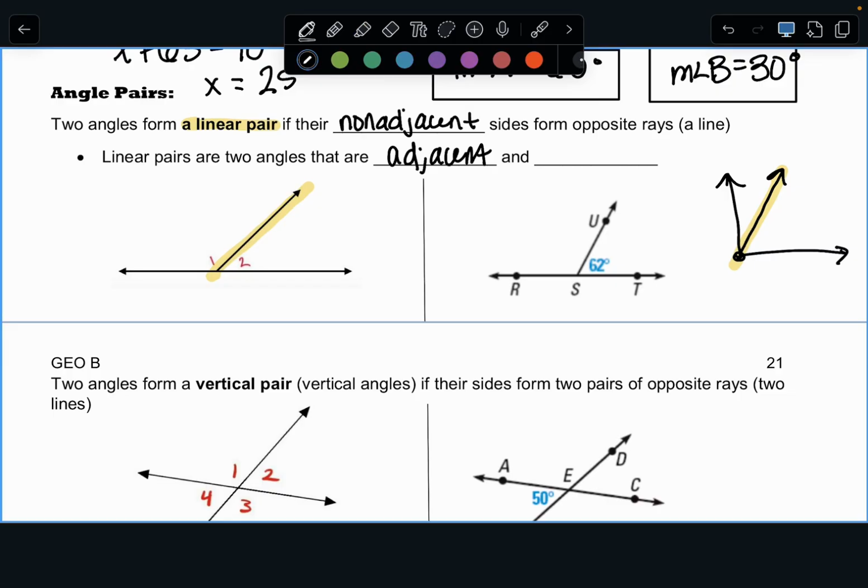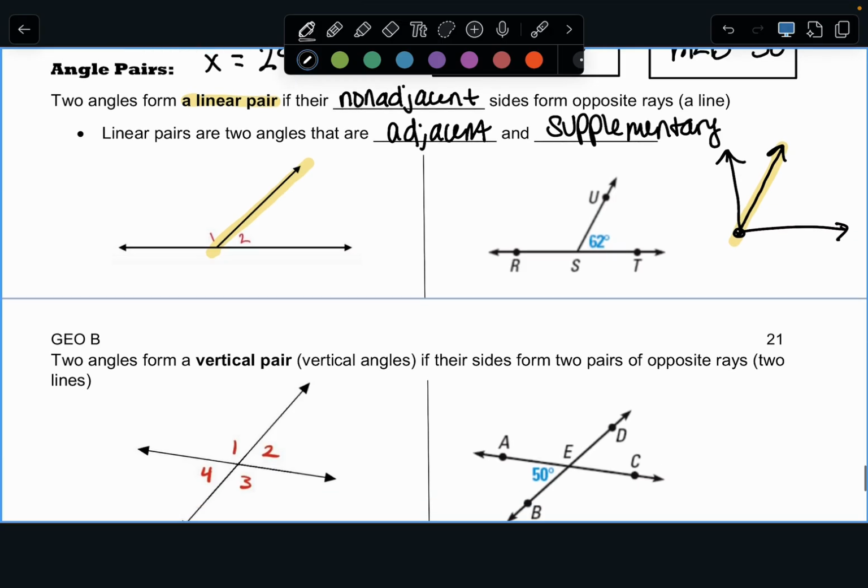Starts with an S. Supplementary. So a linear pair is a pair of adjacent and supplementary angles, which we talked about on Friday. We just didn't have a name for it. So angle 1 and angle 2 are a linear pair, so they have to add to 180 degrees.